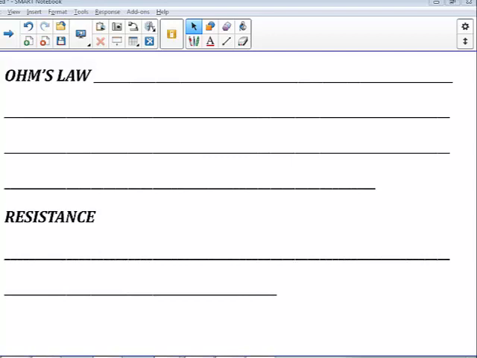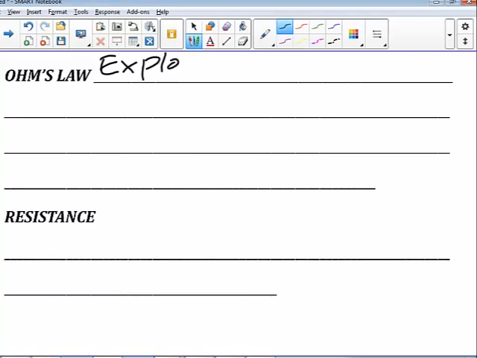So our topic today is going to be about Ohm's Law. Now for the last week in class, we've been talking about voltage and current. Now Ohm's Law simply explores the relationship that exists between voltage and current.